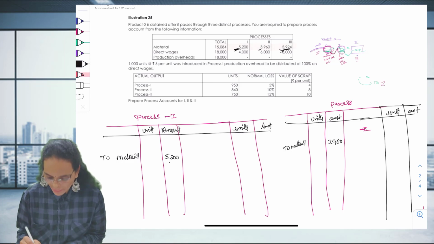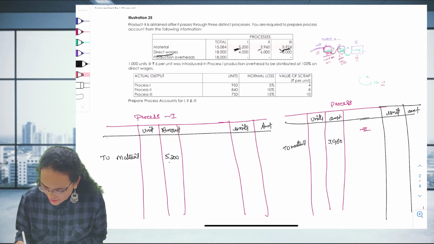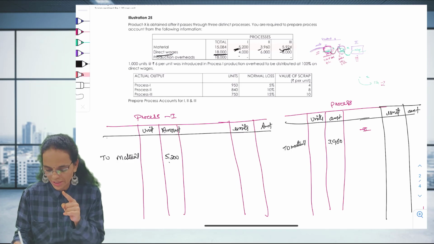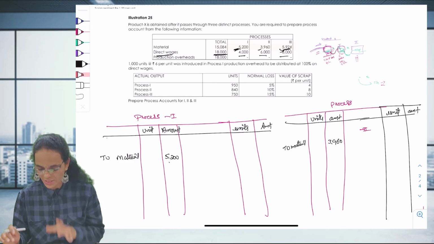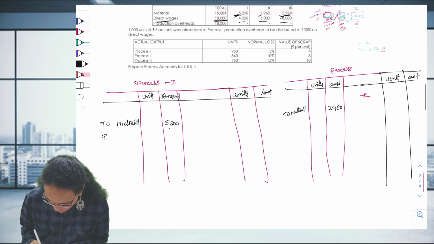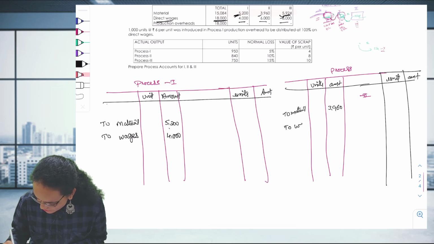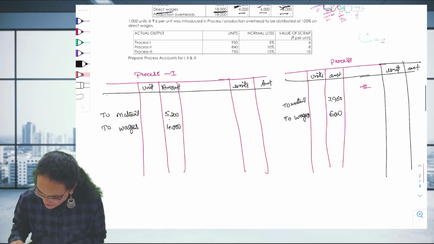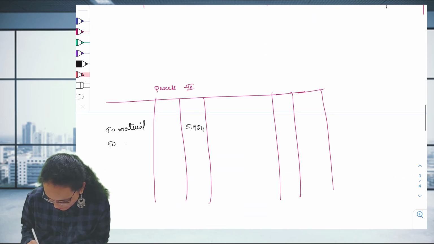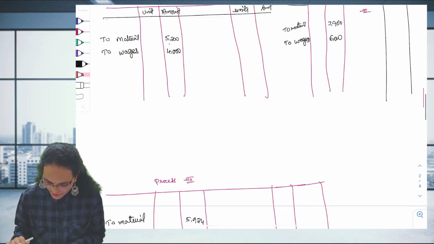Next one, direct wages 18,000 totally, but in respect to units, how much is given? So to wages 4,000, 6,000 and 6,000. Right.